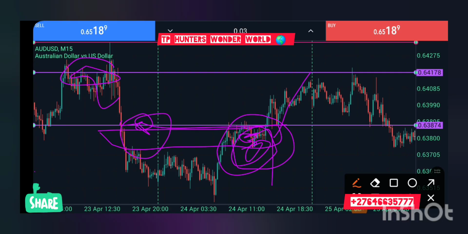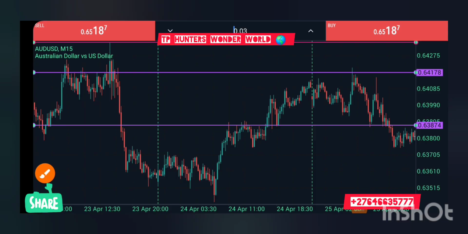When you see consolidation, just know that something is going to happen. So guys, don't chase. We wait for the market to come into our kill zone.